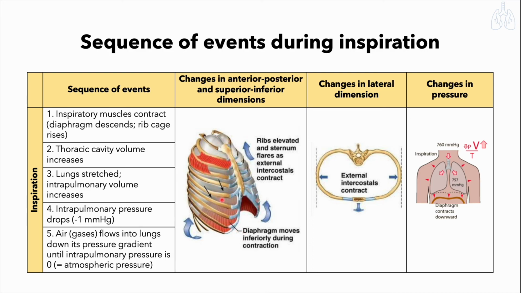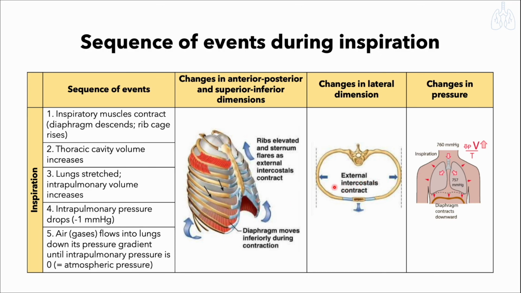When the volume increases, the intrapulmonary pressure is going to be reduced. The reduction in intrapulmonary pressure will cause air from the atmosphere to be drawn into the lungs. The intrapulmonary pressure basically drops to minus 1 millimeter of mercury, and then the air moves in.